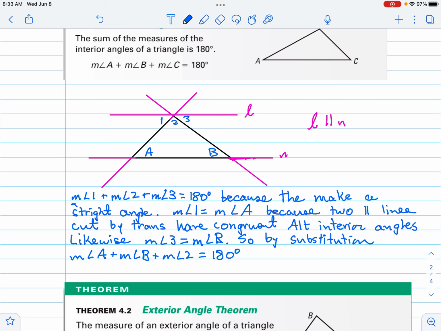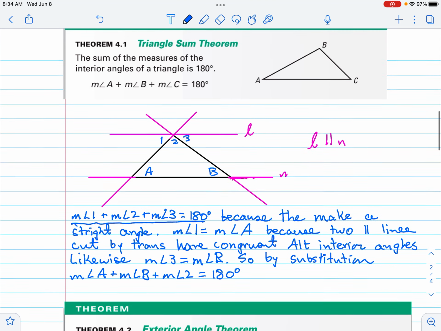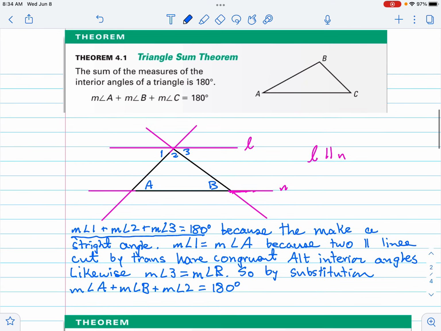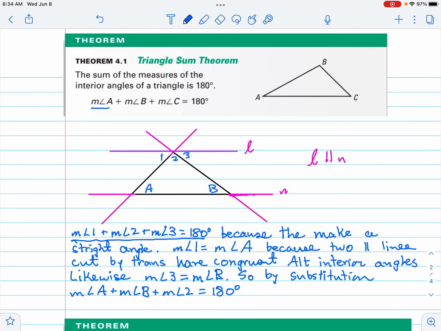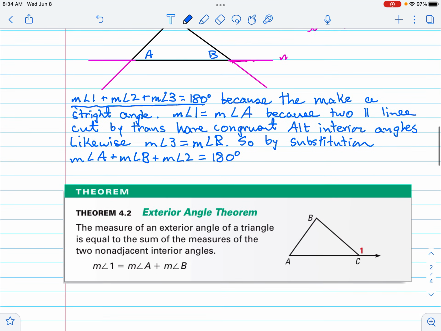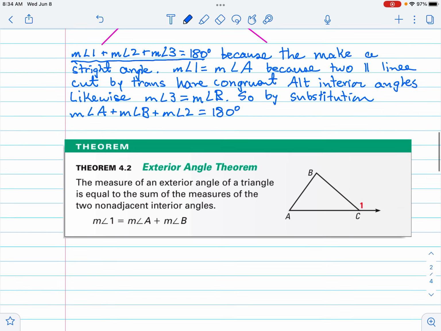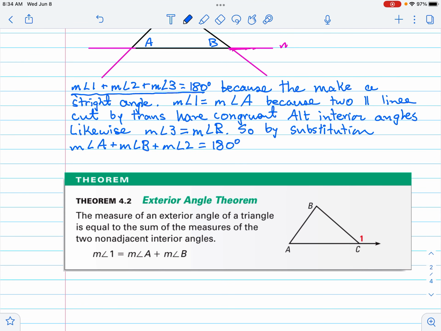Up here we said the measure of angle 1 plus the measure of angle 2 plus the measure of angle 3 is 180. And we already said angle 1 and angle A are the same. Angle 3 and angle B are the same. So we have that the sum of the measures of a triangle is always going to be 180 degrees. There we have it.